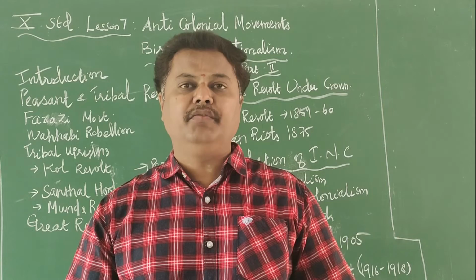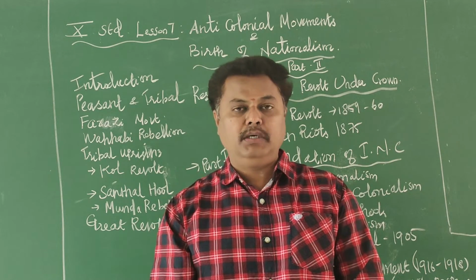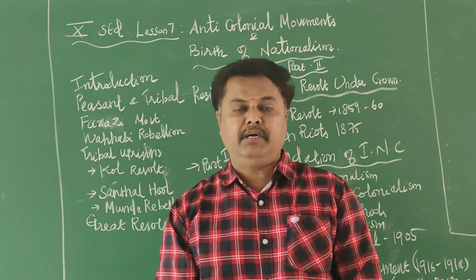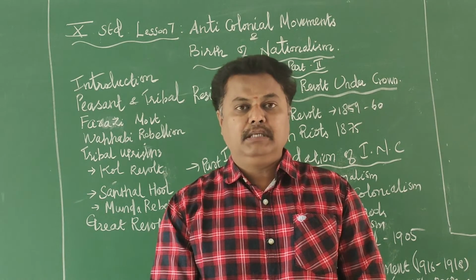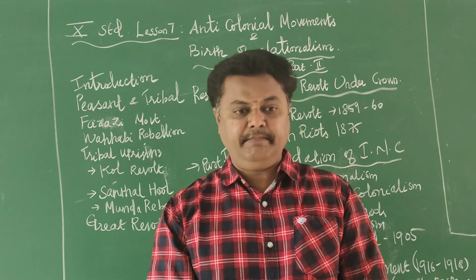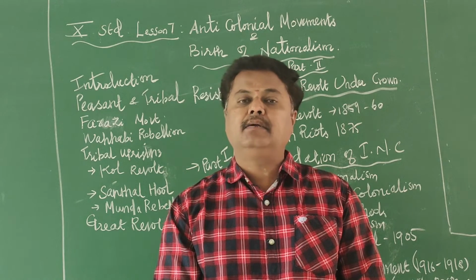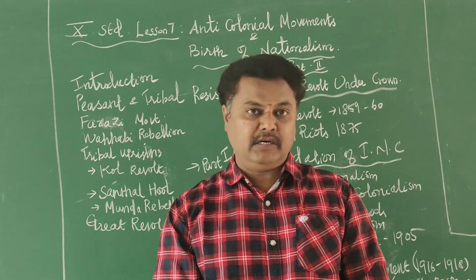First is the Indigo Revolt. In the last video, part 1, I completed the topic Great Revolt of 1857. From the result of 1857, we have seen that the entire control of our country went under the British government, under the Crown.